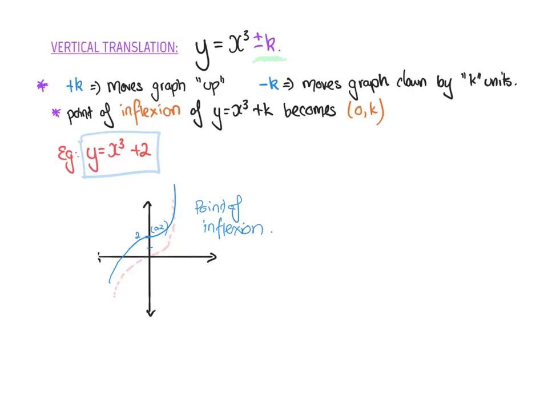Okay, and if I wrote the basic formula that we had before, we had (x − h)³ + k. You can see with our example there's no h, so therefore 0, and the k is 2. So that's how we got that point of inflection. You can look at it that way.